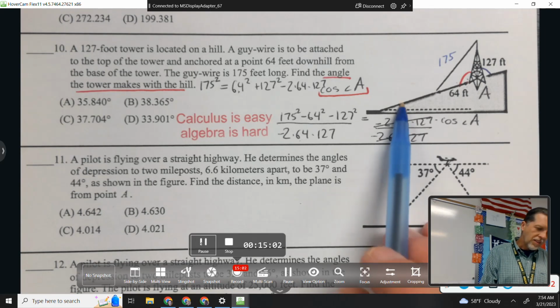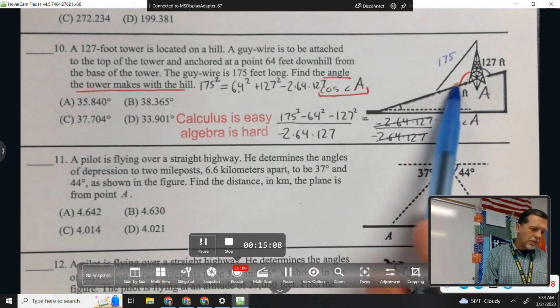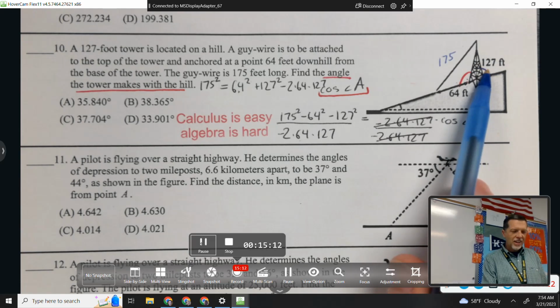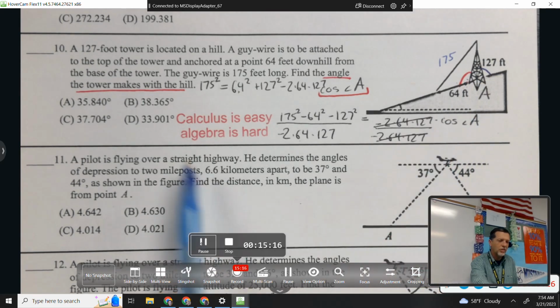This angle? I don't think that's what... The tower with the hill's got to be the one I drew. Right? Maybe you could argue the other side, but that would just be 180 minus the answer we got, which is also not one of those.